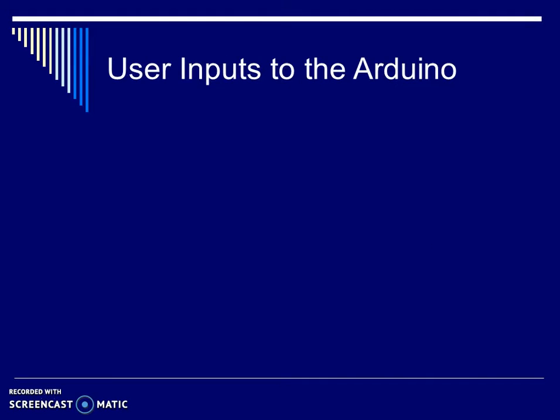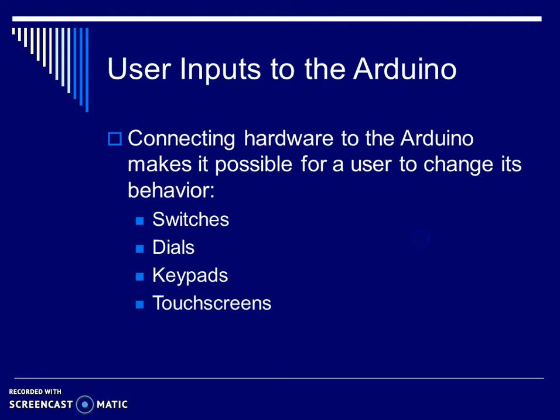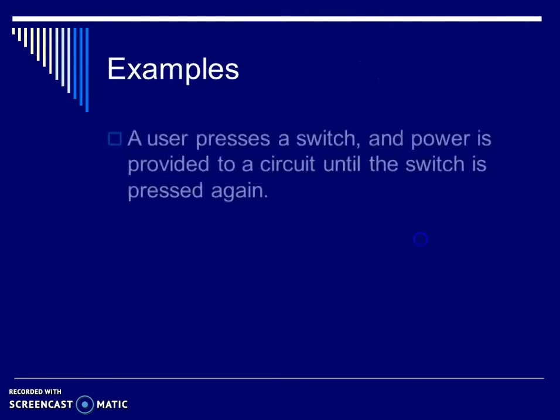Okay, so user inputs. We can connect hardware to the Arduino to make it possible for a user to change its behavior in a bunch of different ways. We already talked about switches, but we can connect up dials. We can connect up keypads, touch screens, and more. So some examples of applications of this idea.